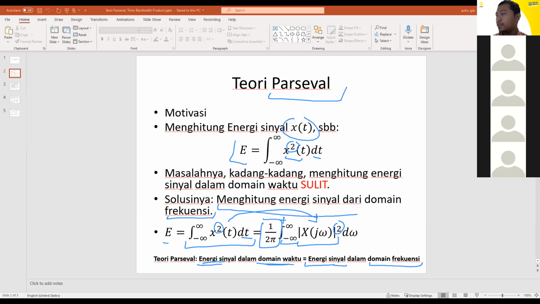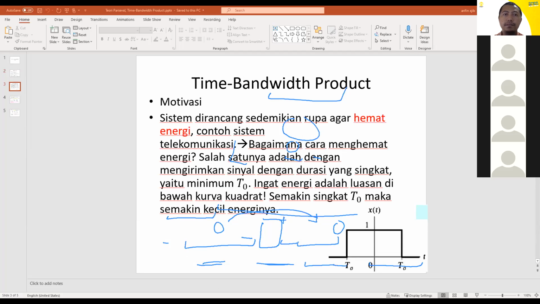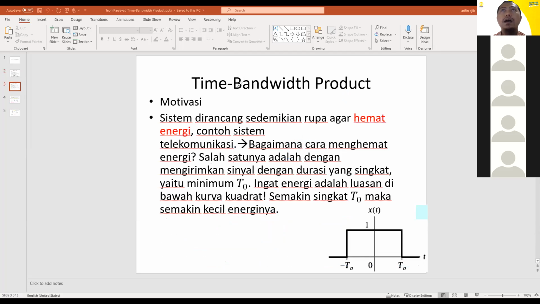Okay. And then we move forward to the next slide. It's talking about time bandwidth product. The motivation is we can start from an application in system design.